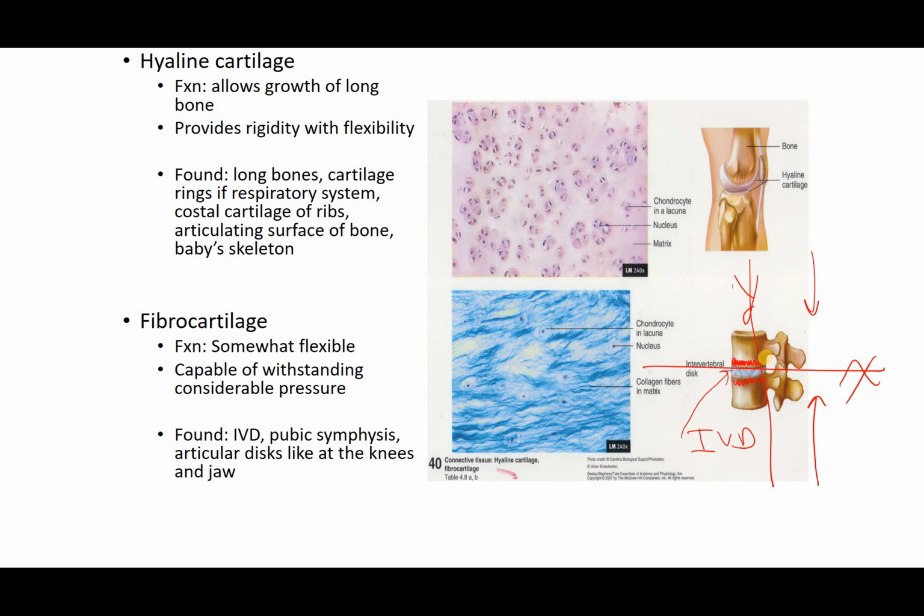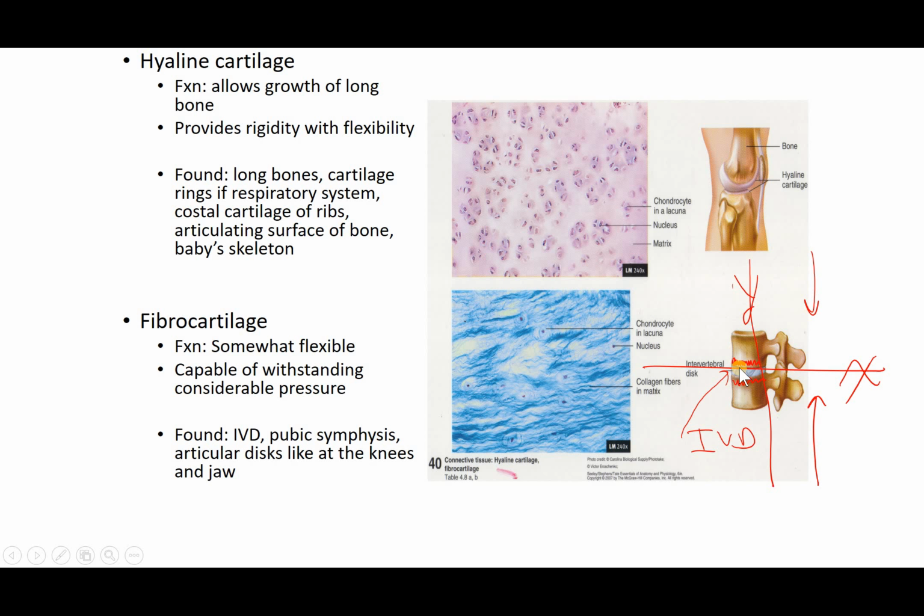Also, and we'll get more into this when we get to the skeletal system, inside the disc here is the nucleus pulposus, which can herniate, and that herniation can hurt some of that fibrocartilage. Also, the fibrocartilage can degenerate.